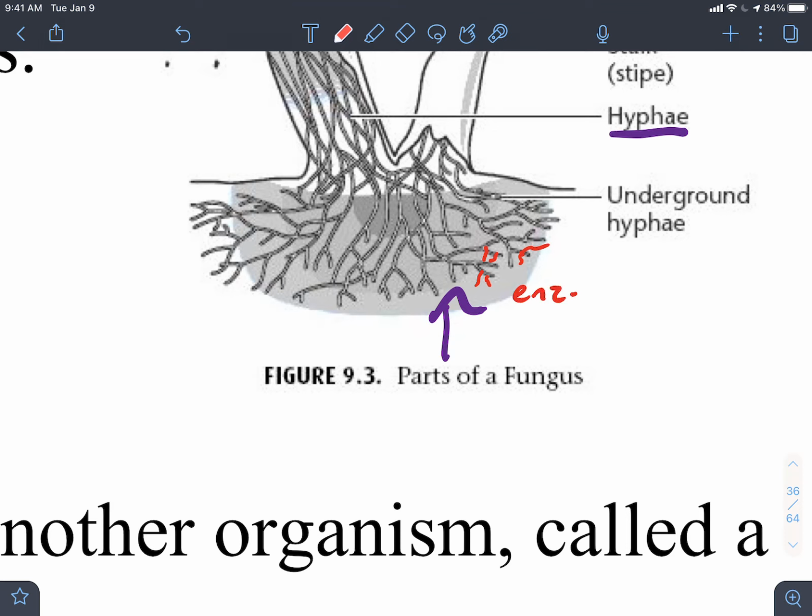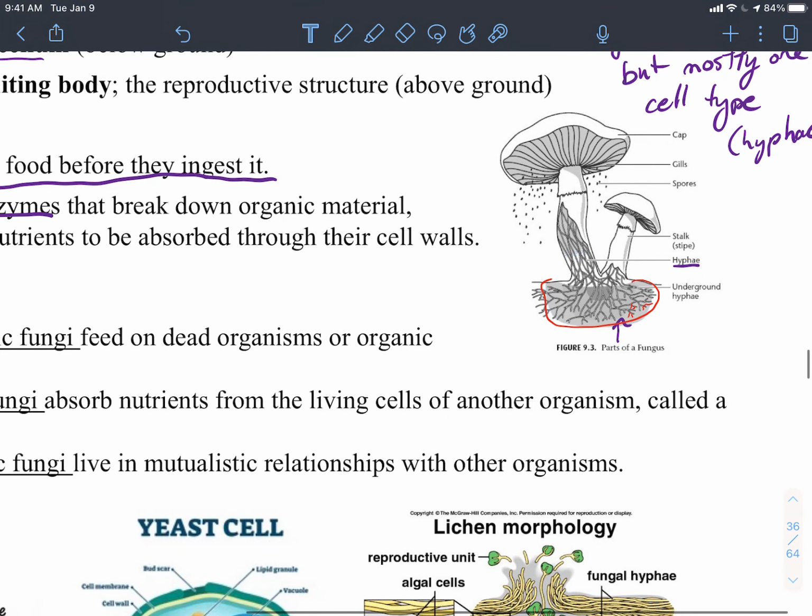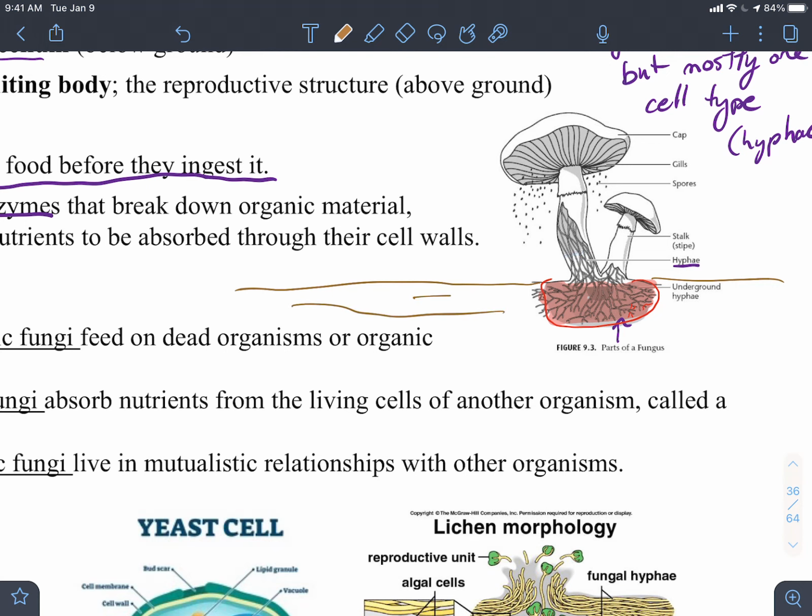So all of this would be enzymes, enzymes that are being secreted into the plant that they're growing on. So maybe this is part of a tree, the bark of a tree.